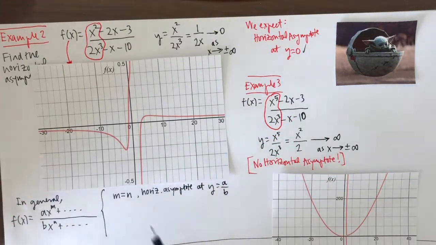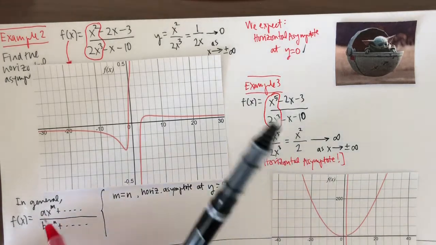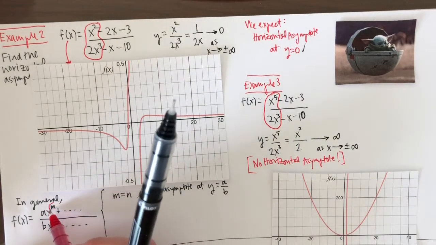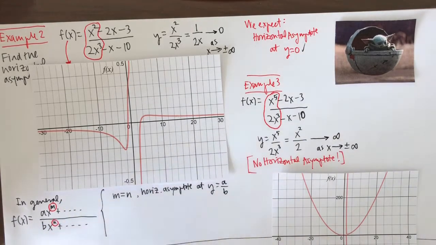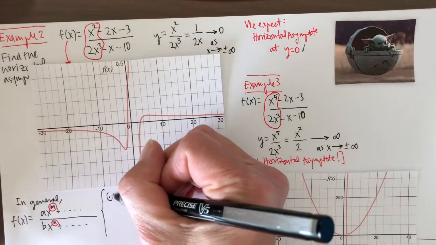In example 1, we saw this at y equals 1/2. Whatever the ratio of the coefficients of your leading terms is, if these powers m and n are equal, this is the critical thing to examine, these powers here. If those are equal, then you will have a horizontal asymptote at the ratio of your two coefficients. That's the first case.